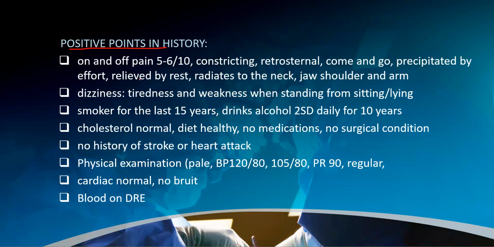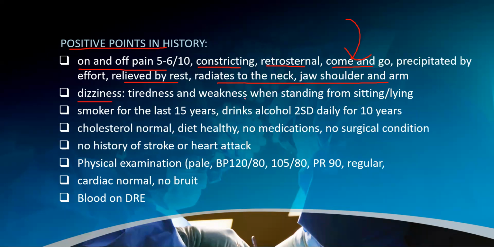Positive points in the history in here are that the patient is having on and off chest pain, which is 5 to 6 by 10 in intensity, constricting, retrosternal, comes and goes, precipitated by effort, relieved by rest, also radiates to the neck, jaw, and arm, which means it's typical of angina pain.